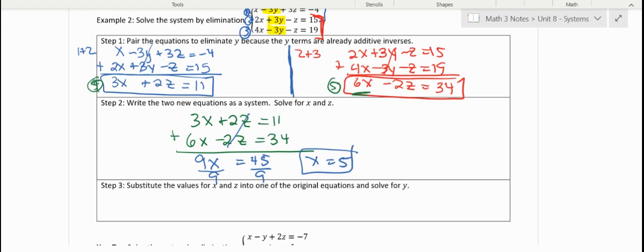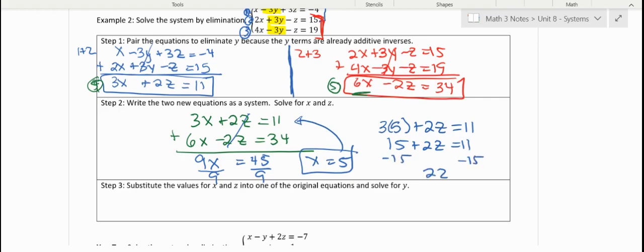I'm going to substitute it back into either of the two new equations. So maybe I'll do the top one. So 3 times 5 plus 2z is 11. 15 plus 2z is 11. And solve. So z is negative 2.